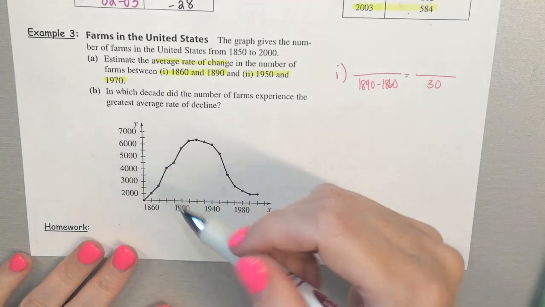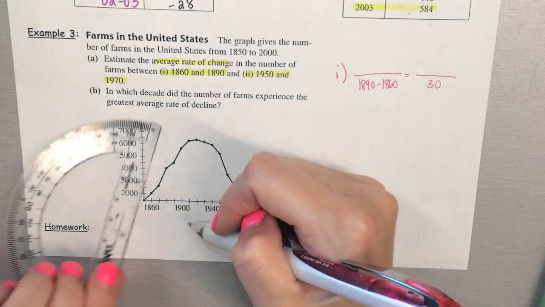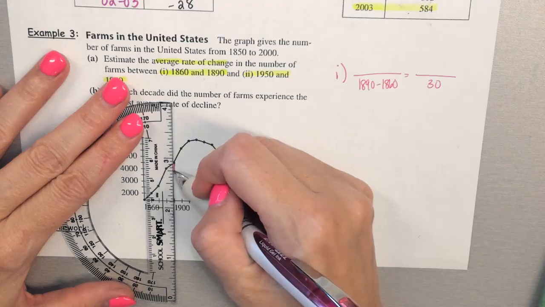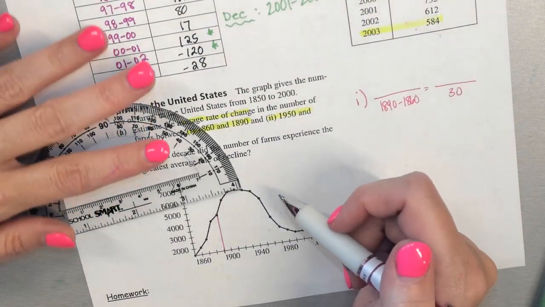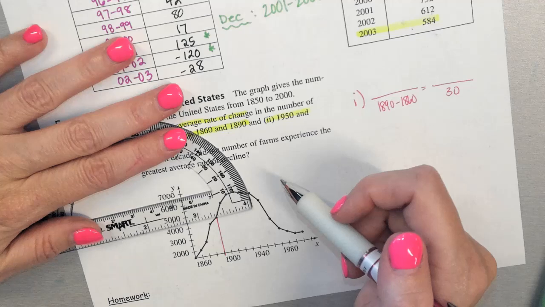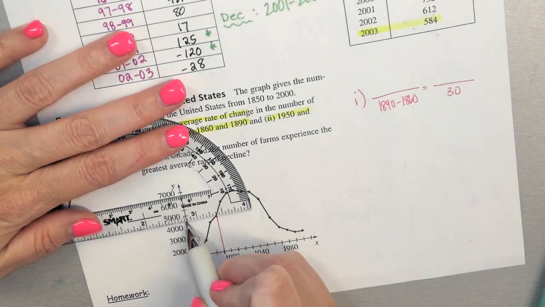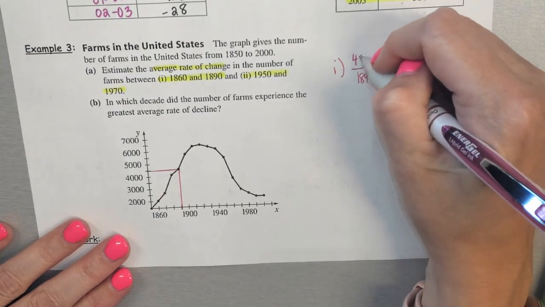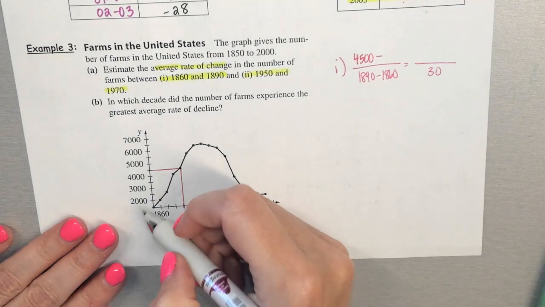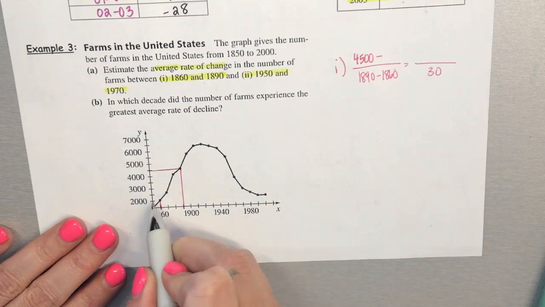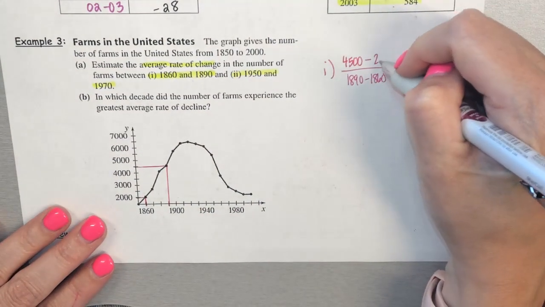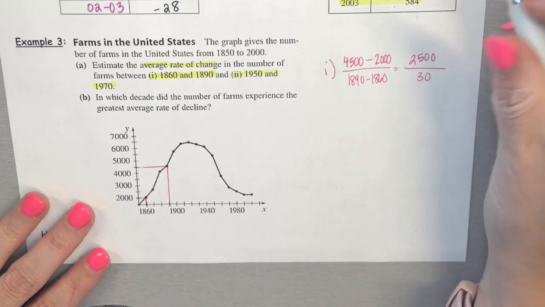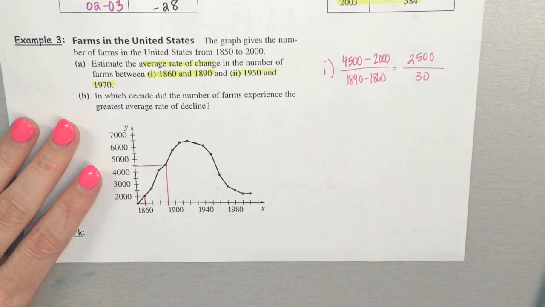In 1890, you have this point, so we're just going to follow that point over. It's at 4,500 minus, at 1860, we're right here, which is 2,000. So we're just going to divide.